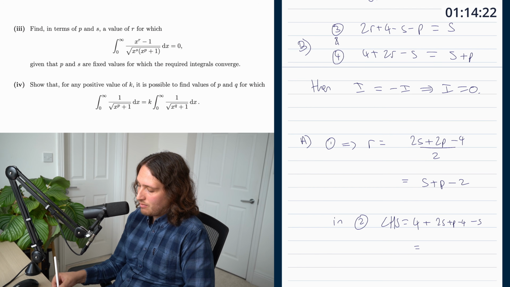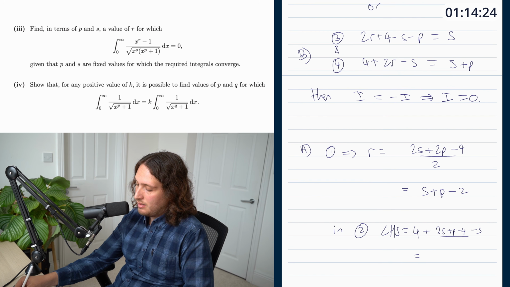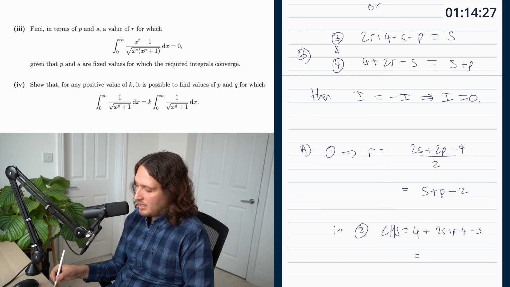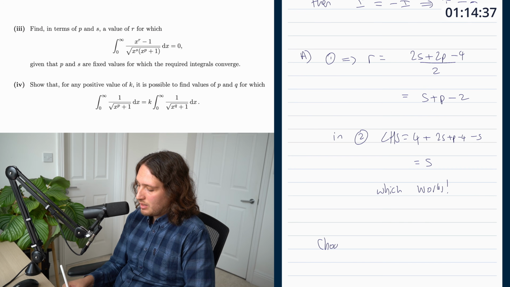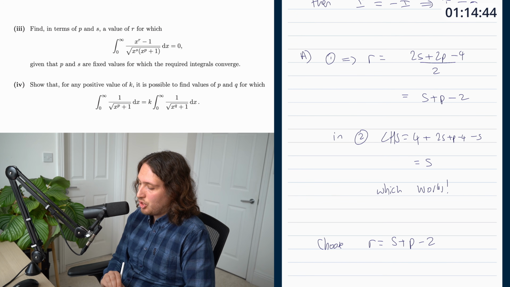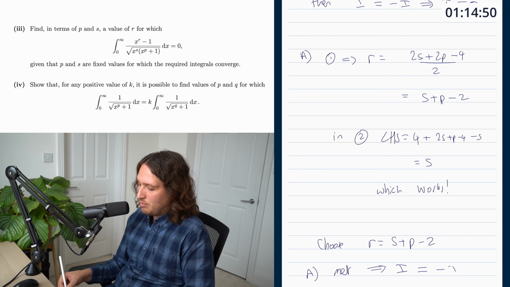Oh, minus S, right? So that's my 2R, which is S, which works. So that means that if I choose R to be S plus P minus 2, case A is met. So my integral is minus my integral, so my integral is 0.